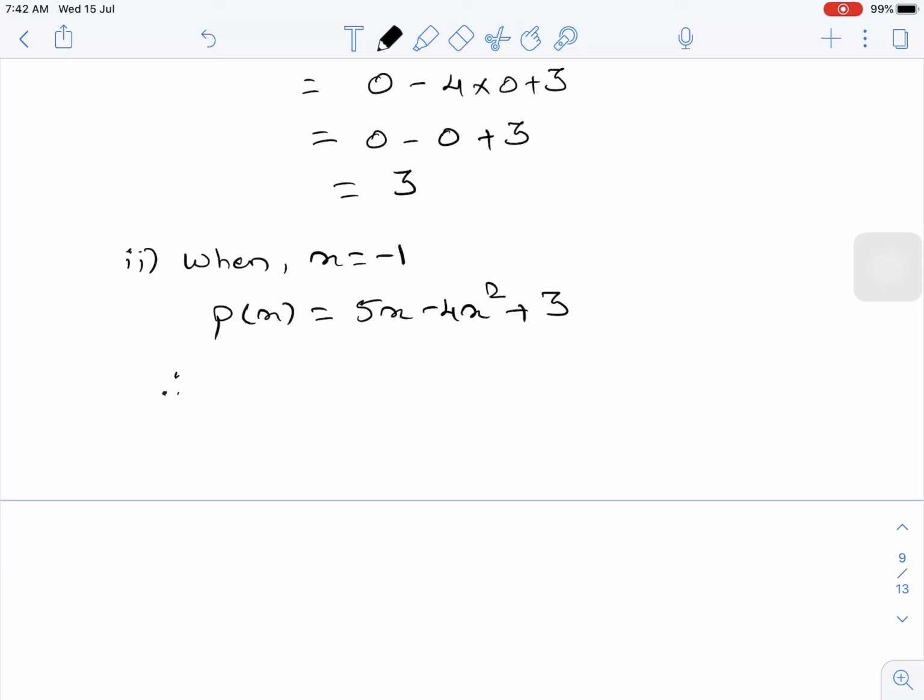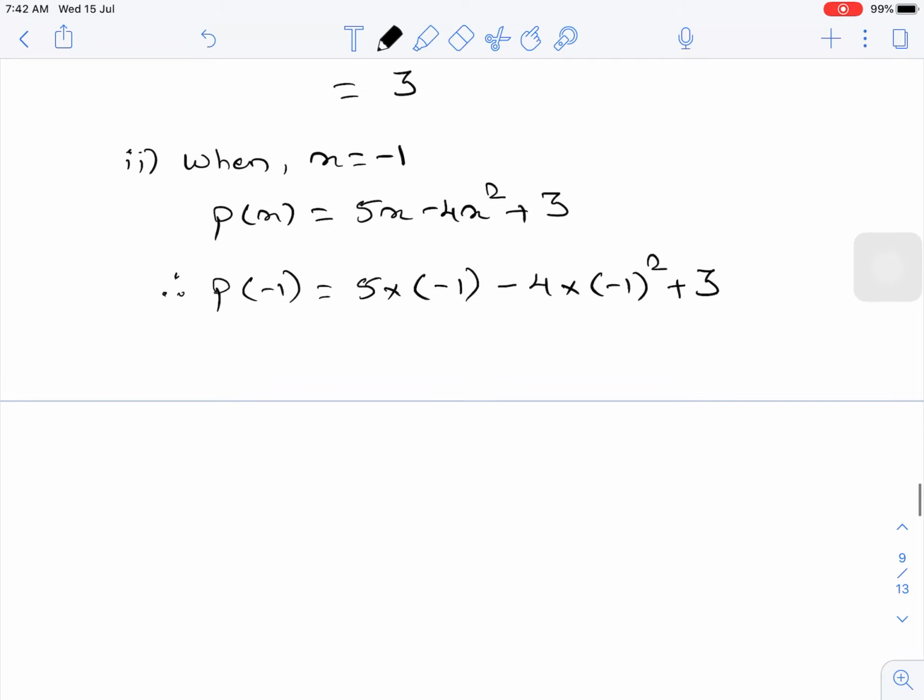Therefore p of minus 1 equals, now 5 into, now wherever x is there, what will we write? We will write there minus 1, minus 4 into minus 1 square plus 3.